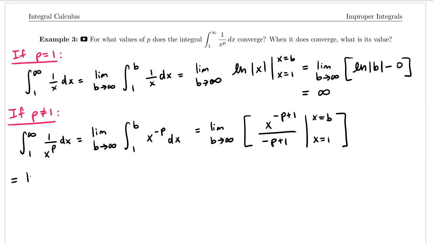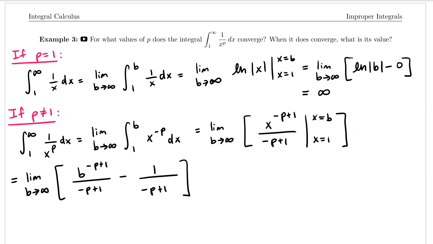So this is going to equal the limit as b approaches infinity of b to the power of negative p plus 1 over negative p plus 1, minus 1 to the negative p plus 1, which is just going to be 1. And then we have that. Now notice that these both have the same denominator, and p is not a variable with respect to the limit.